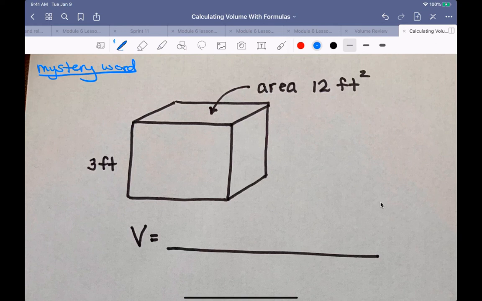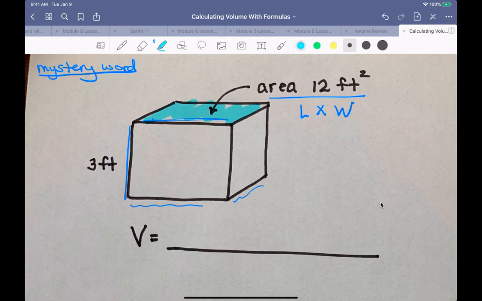On this one, I'm noticing that I have a height, but I don't have a length, and I don't have a width, but I do have the area. And I know that the area is the length times the width. So sometimes I'm given an area of one of the faces, and this time is no exception. I'm given the area of this top face, and I can just multiply it by the third dimension.